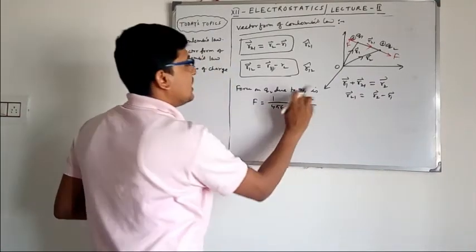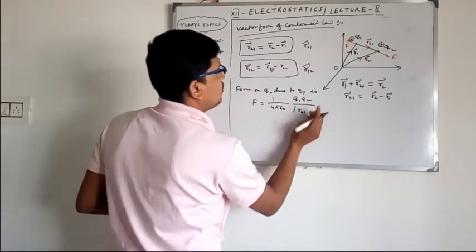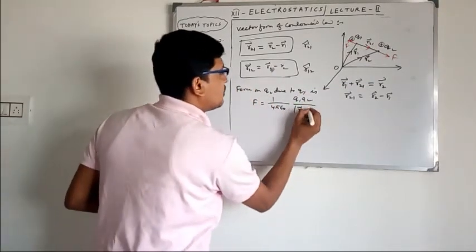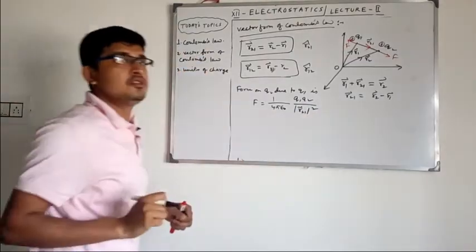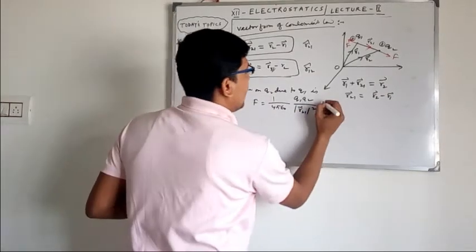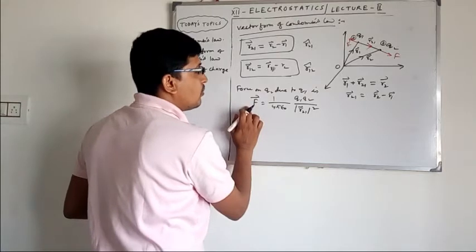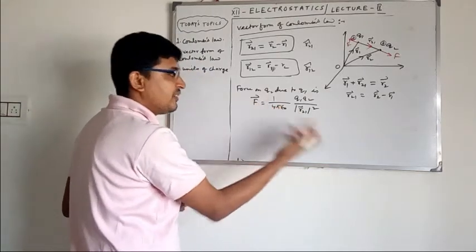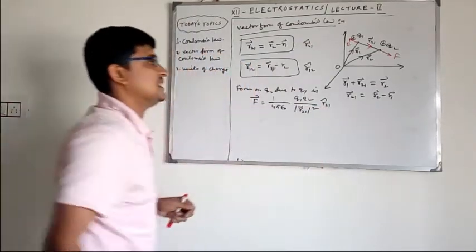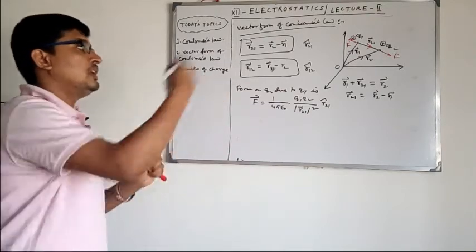This is not a vector, it is a scalar quantity, so Q1 Q2 is written like this. And what will be the distance between the two charged particles, R21. This is a vector quantity, so we take its magnitude and square it, inversely proportional. And we have to give the direction of force because now we are expressing the Coulomb's law in vector form. So F is equals to R21 cap. This is the unit vector. So this is the amount of force on Q2 due to Q1.